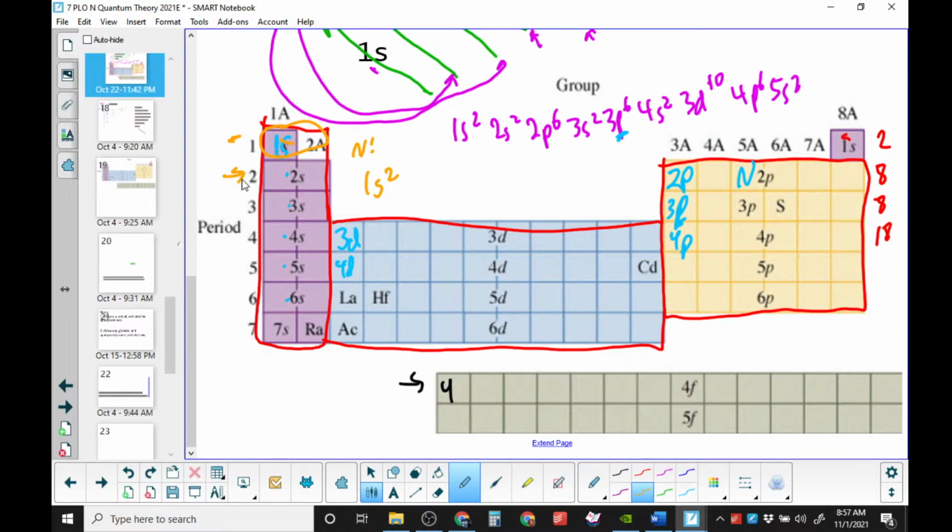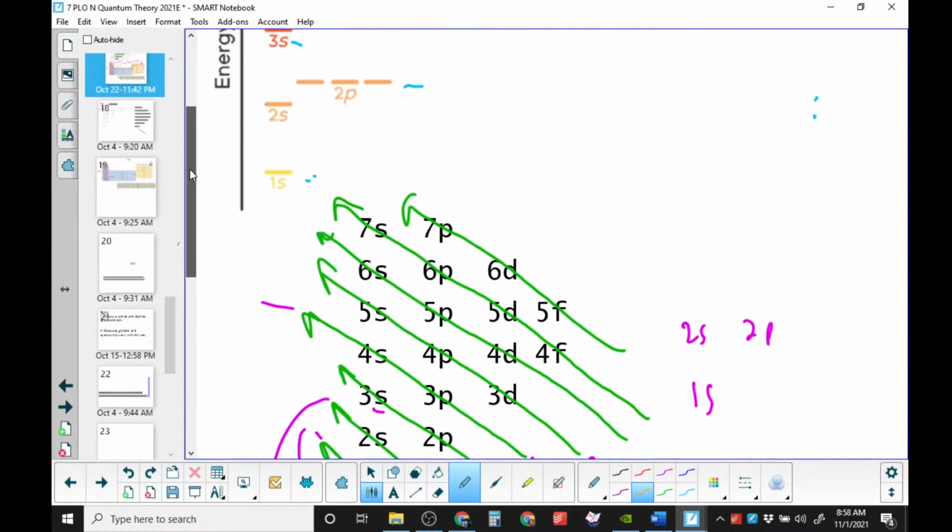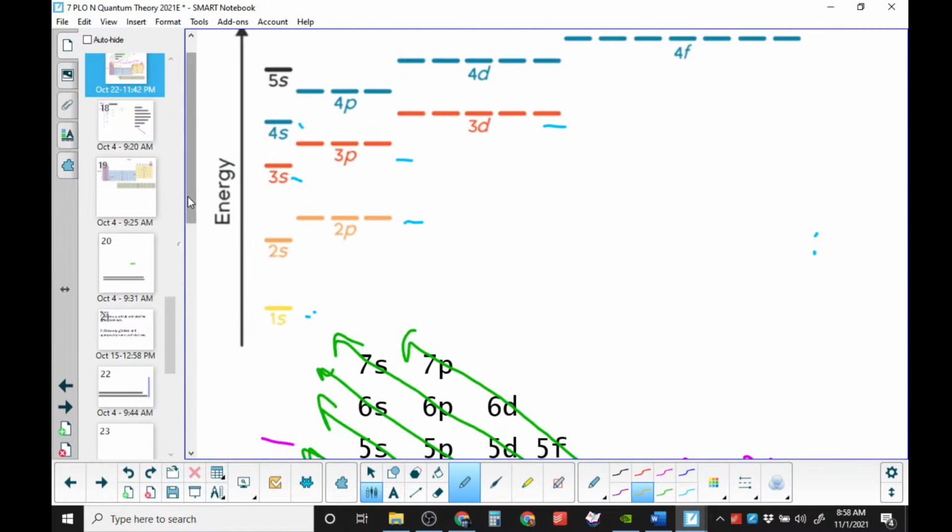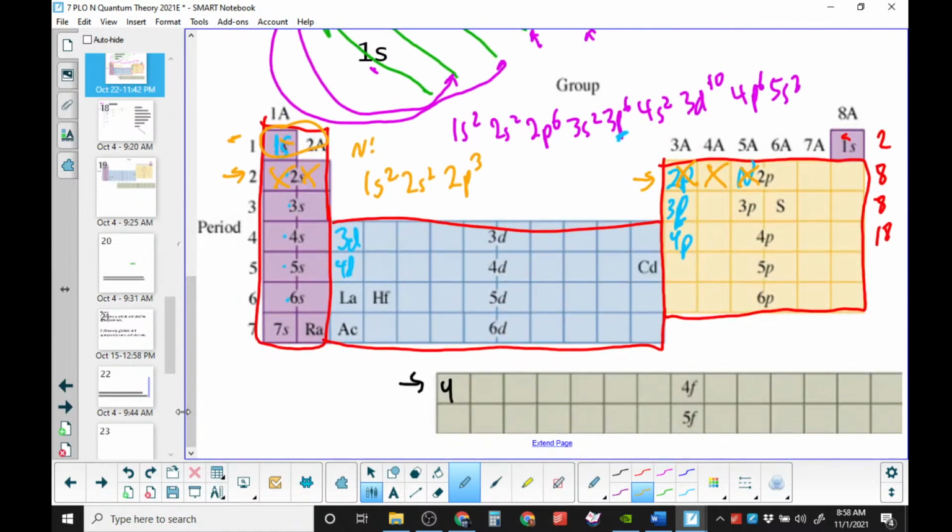Then the next one, I go to the next row, 2s2, because both of these are counted. And then I'm starting the next row, so it's 2p, 1, 2, 3, 2p3. So the work we were doing last day, you can count right off the periodic table. You don't actually need this particular diagram, because you can also generate it this way.